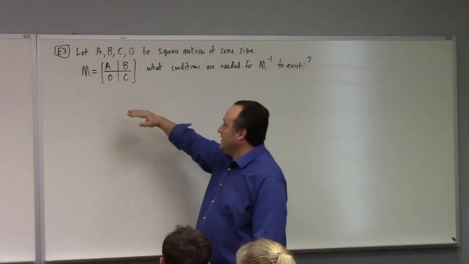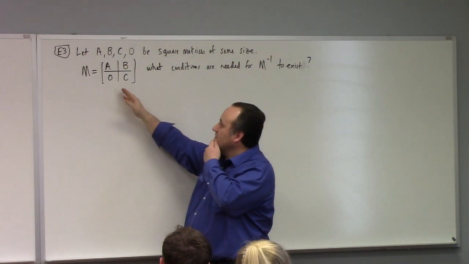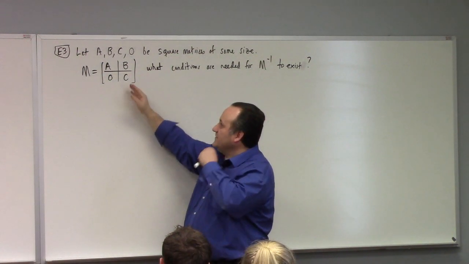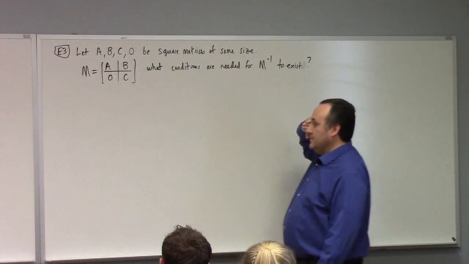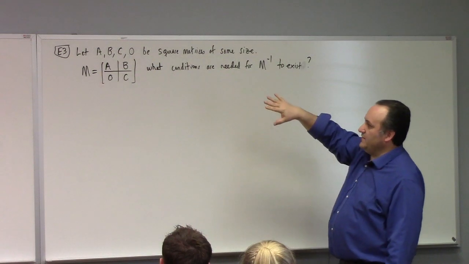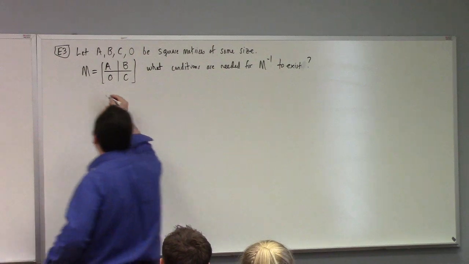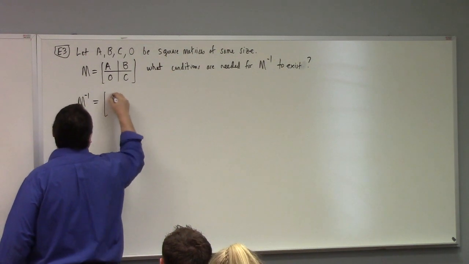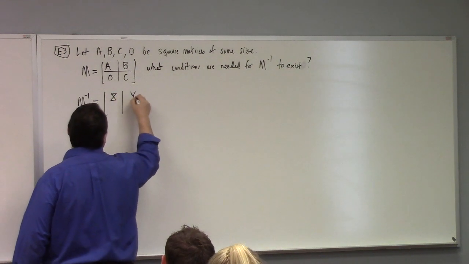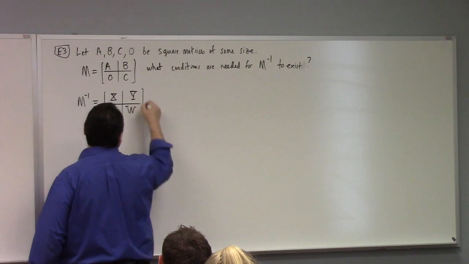This is actually an example of what's called a block. Well, it's not block diagonal. It's upper block diagonal, I guess. If B was 0, this would be a block diagonal matrix. All right. Okay, so let me propose that what we're really trying to find are X, Y, Z, and W, perhaps, right? We can look at it this way. We're trying to find X, Y, Z, and W, right?